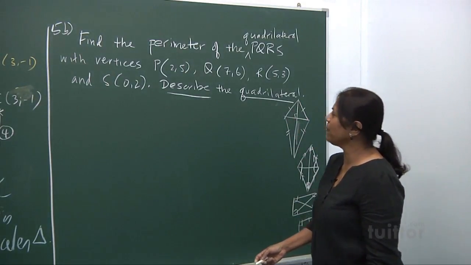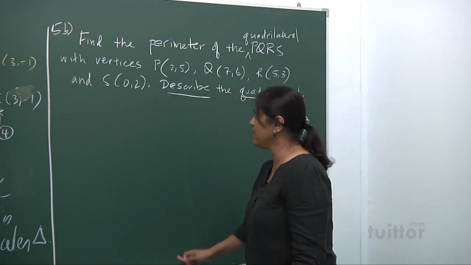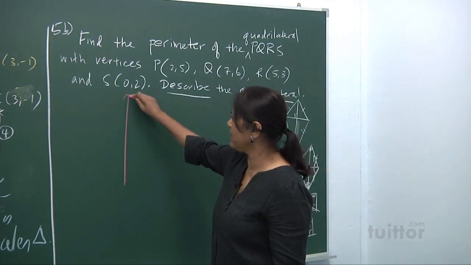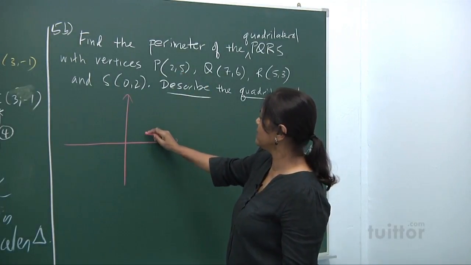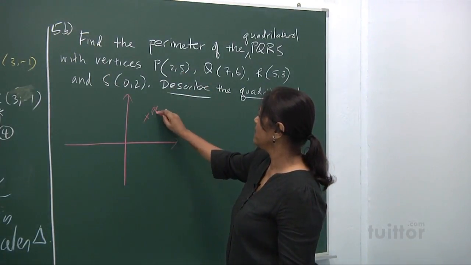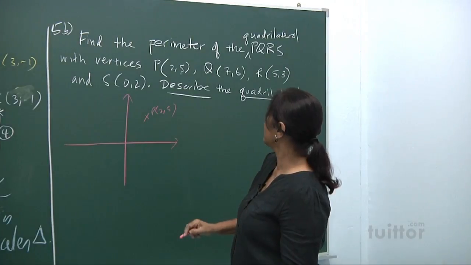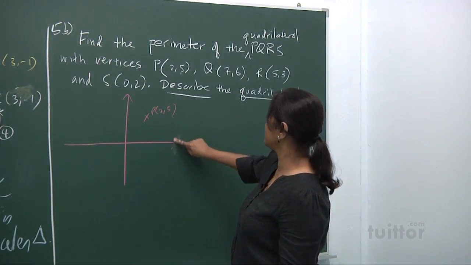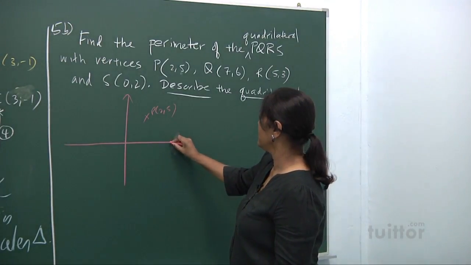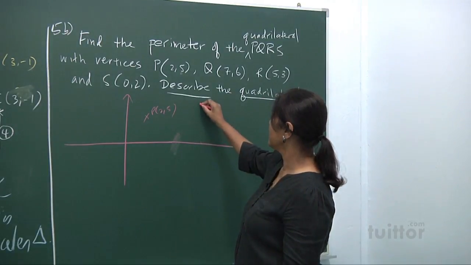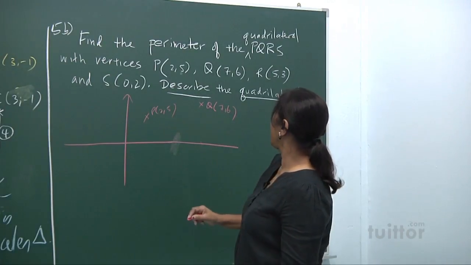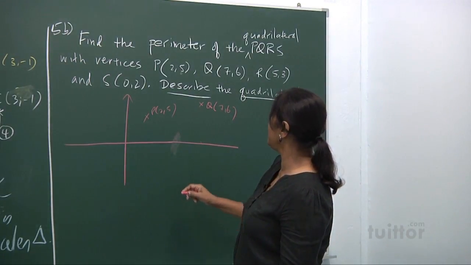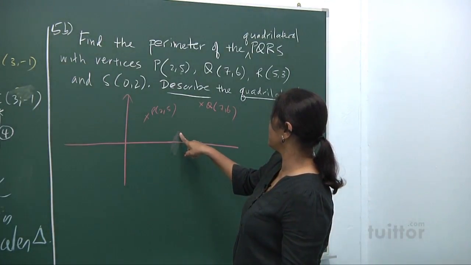Now let's get a mental picture of that to make it a bit easier. P is (2, 5). Q is (7, 6). R is (5, 3), somewhere around here.